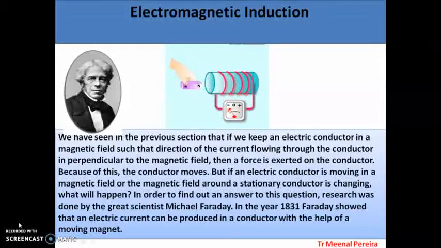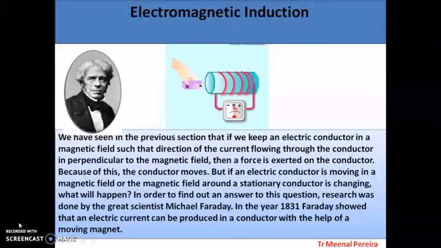As you can see in the diagram, children, the south and north represent a magnet. As the magnet is moving, we can see some deflection in the galvanometer. To find the answer to the question, research was done by the great scientist Michael Faraday.